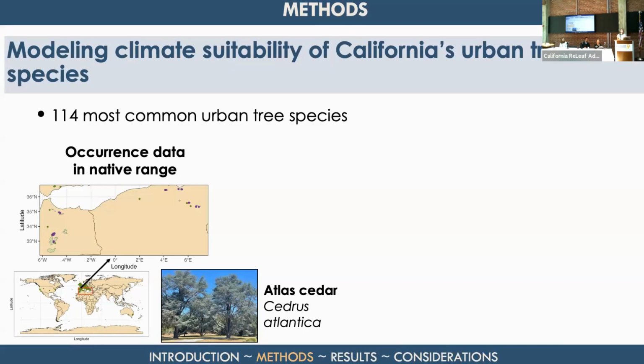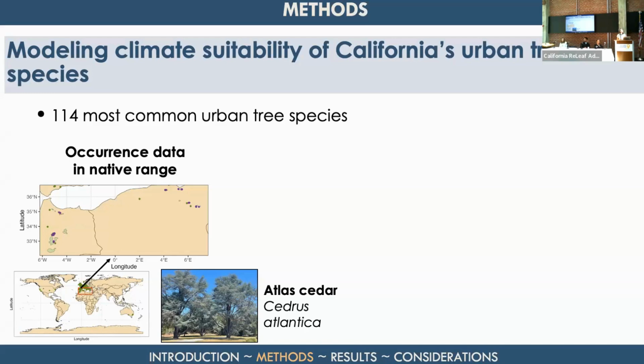And we were interested in understanding where those overlap. How similar are the climates in different parts of California to the native climate where these species have evolved. And so, like I said, we did this for just over 100 very common urban tree species.